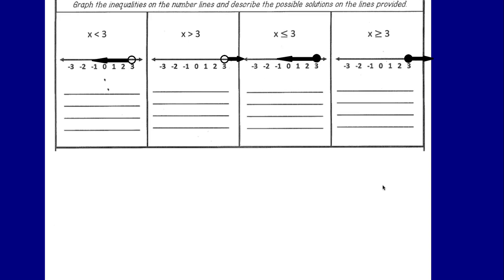Anything as long as it's equal to or larger than 3. And remember, all of the values between the whole numbers are parts, so parts are also solutions, which is why I've been saying the fractions and the decimals. If you need to, pause the video so that you have your foldable filled out.